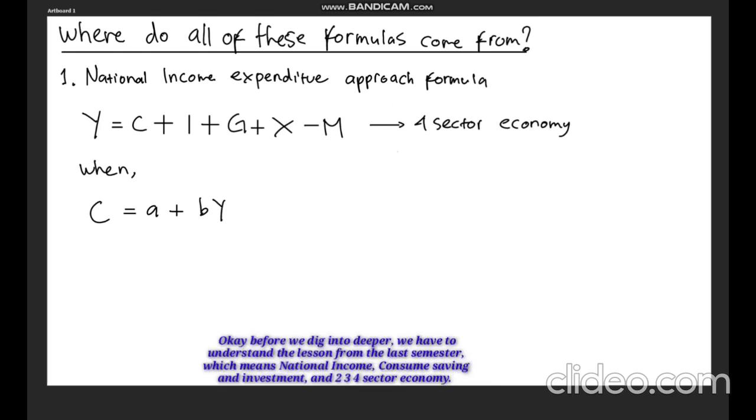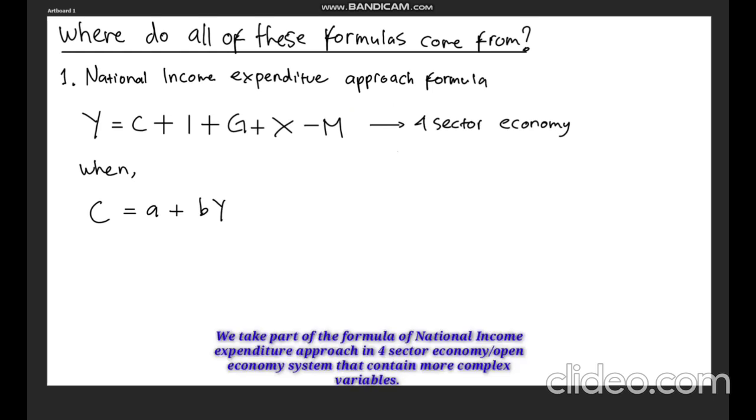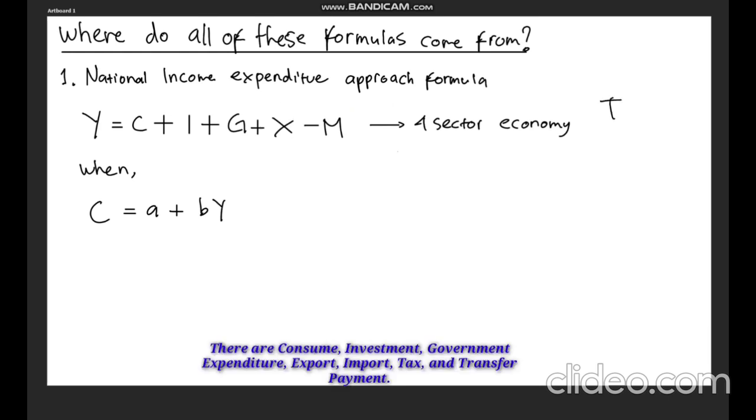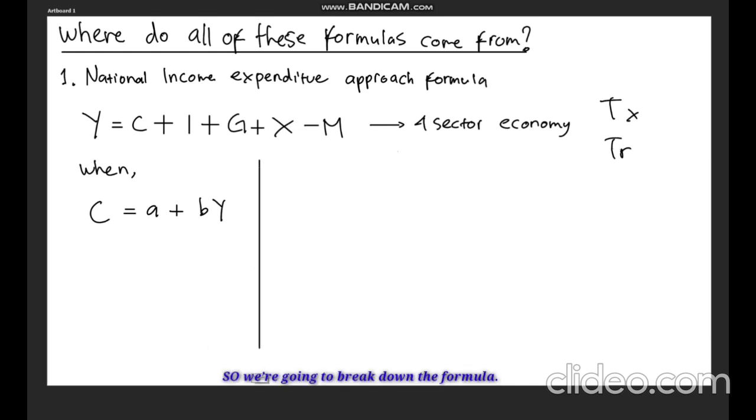Okay, before we dig deeper, we have to recall the lesson from the last semester, which covers national income, consumption, saving, and investment, and the 2, 3, and 4 sector economy. We take part of the formula of national income, expenditure approach, in the 4-sector or open economy system, which contains more complex variables: consumption, investment, government expenditure, export, import, tax, and transfer payment. So we're going to break down the formula.